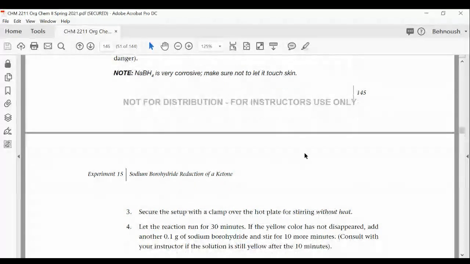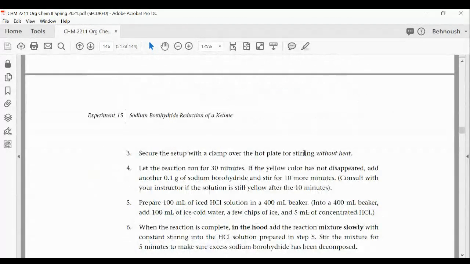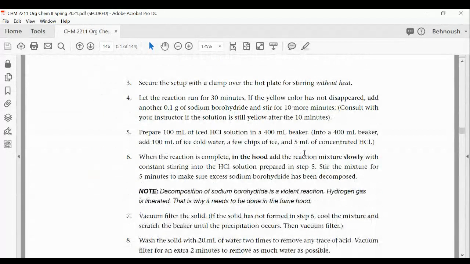Visually, you can decide that the reaction is done when there is no more yellow color and the product is a white precipitate. Qualitatively, that shows the reaction has been completed.